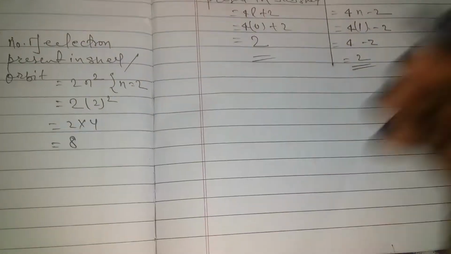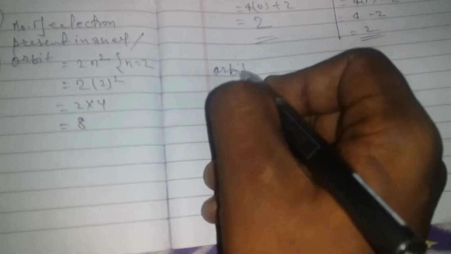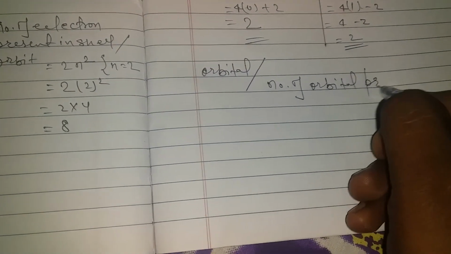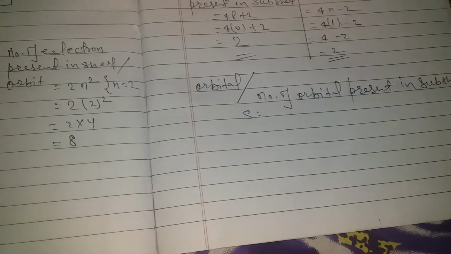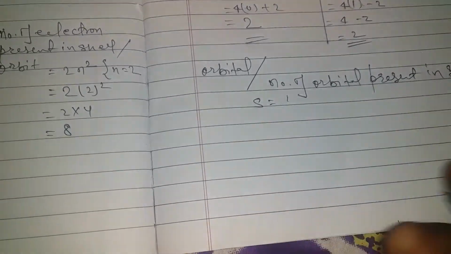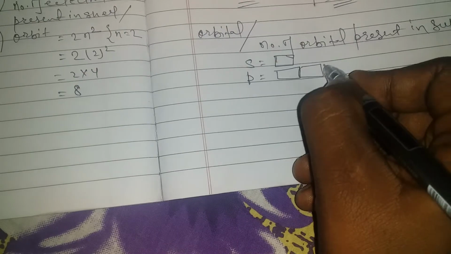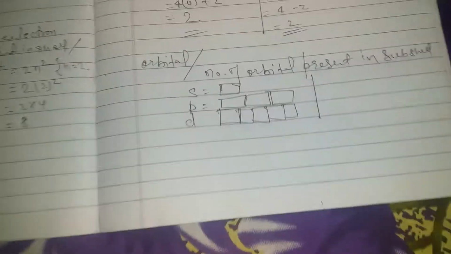You can also find the number of orbitals present in subcells. The number of orbitals in S is 1, in P is 3, and in D is 5.